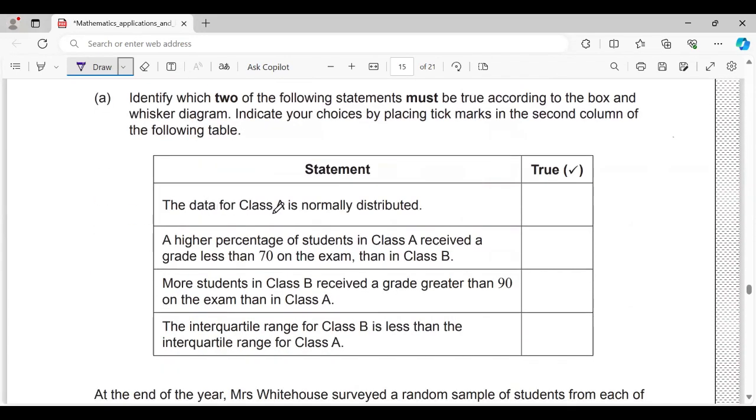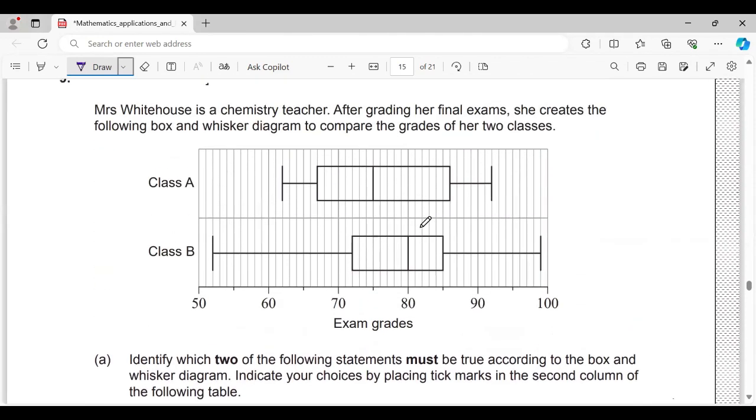The data for class A is normally distributed. Class A, it is not normal. Why not normal? Because this area is greater than this area.